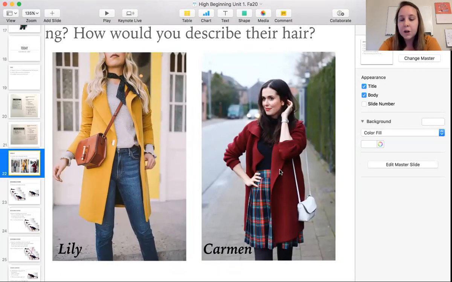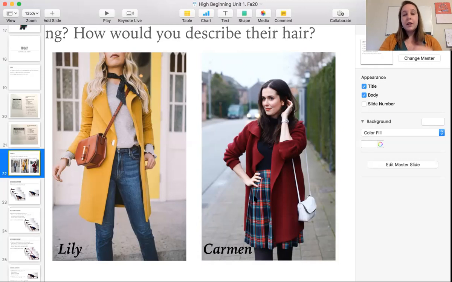And what about her bag? It's a small white bag. And then her hair, how would you describe her hair? Okay, good. It's long, brown, straight hair. Good.